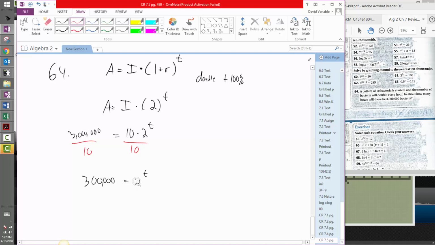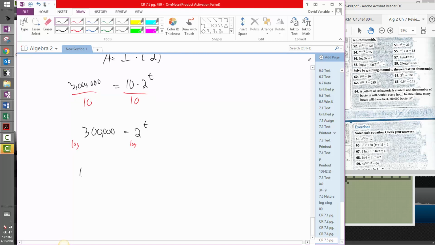Well, remember, how do we solve for the variable? Well, we got 2 to the t, so here's the thing. I'm going to log both sides. The idea is this. If I do log of 300,000 is equal to log of 2 to the t, that will help me figure this out. But why do I do logs?